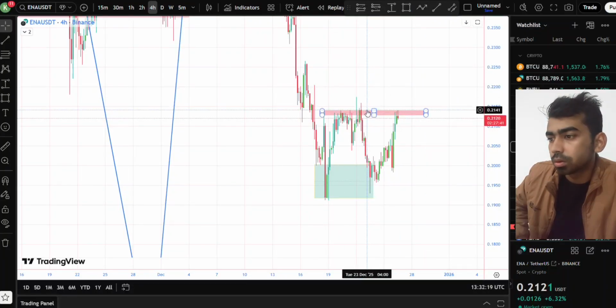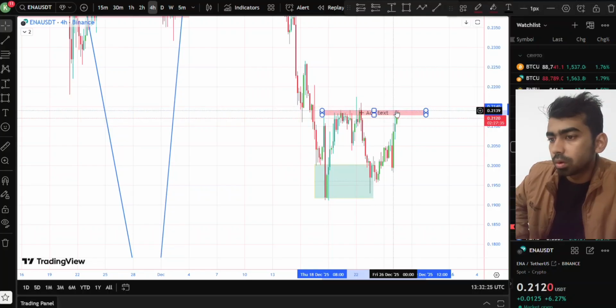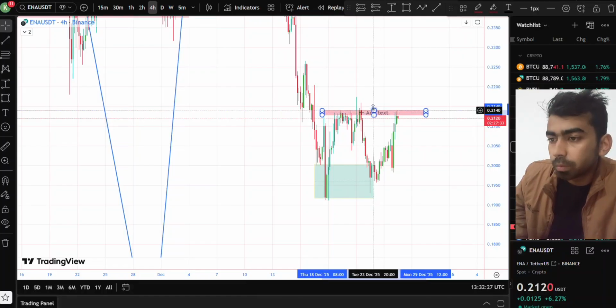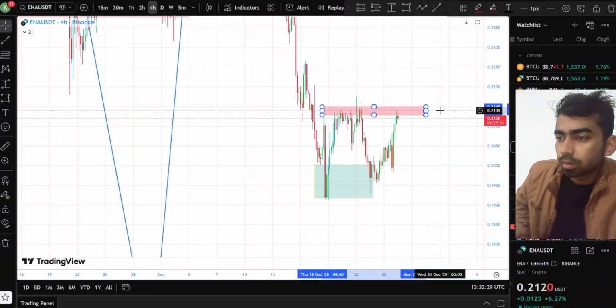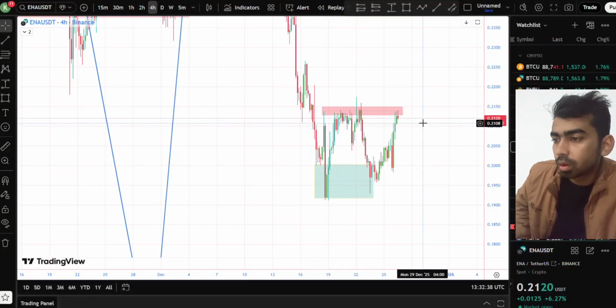Okay, it is close to the resistance. Previous resistance is actually 21 point. Sorry, actually it is 0.2143, 21.43 cents actually.